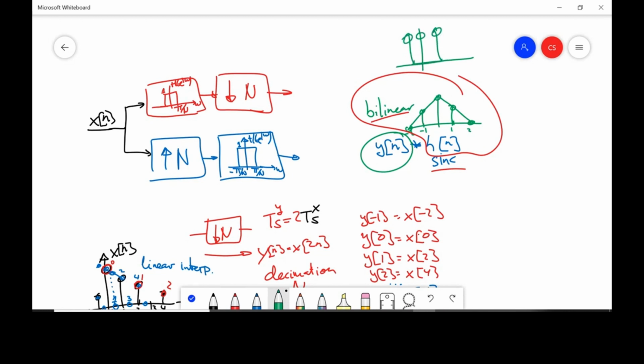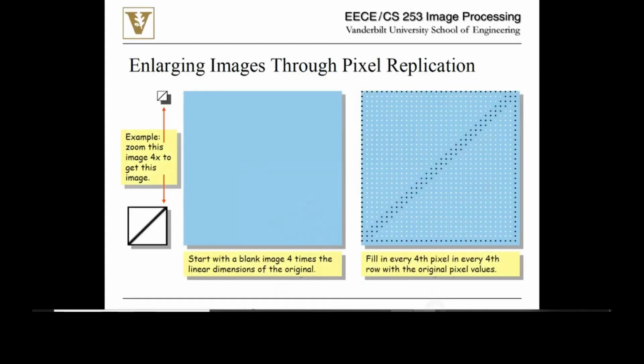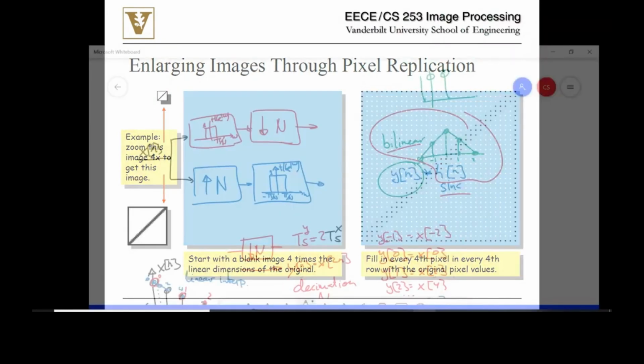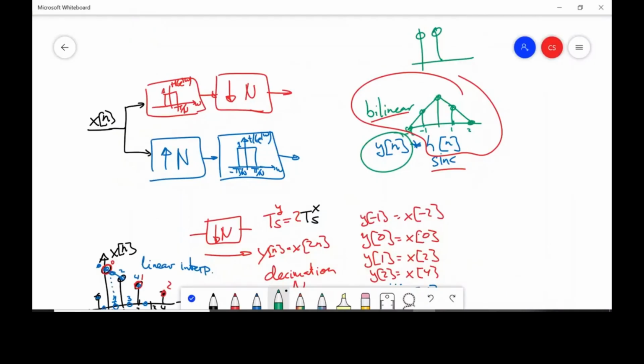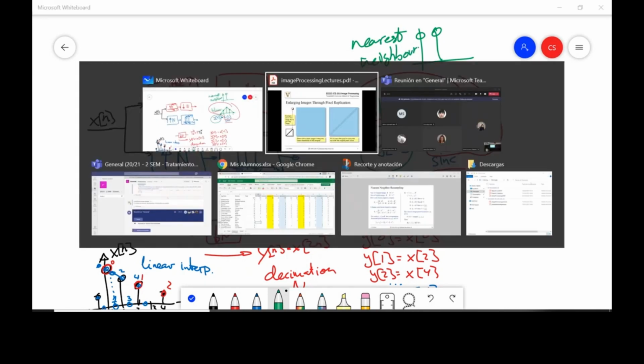So for instance, if we are upsampling by a factor of 2, we could convolve with that. And this one will be called nearest neighbor.